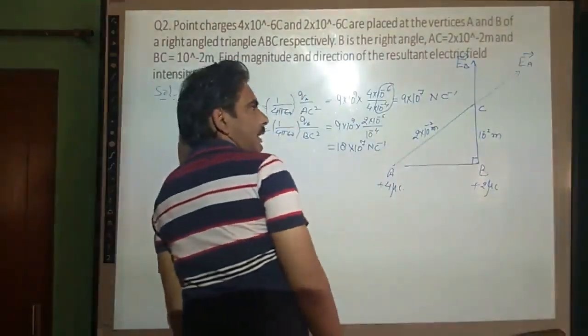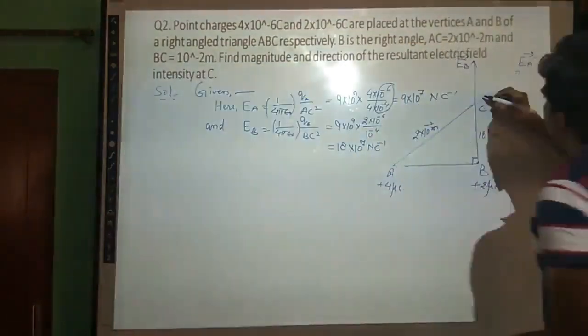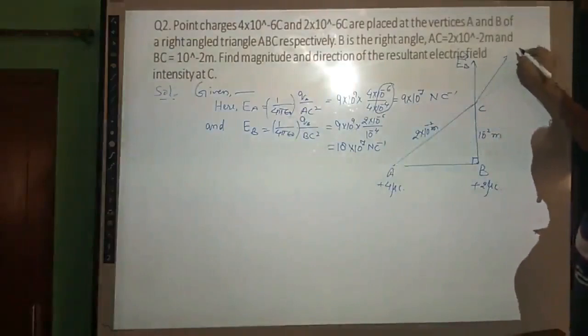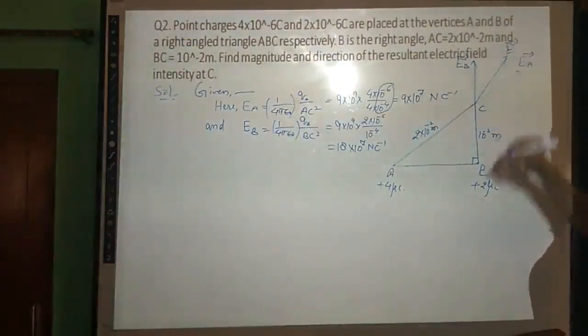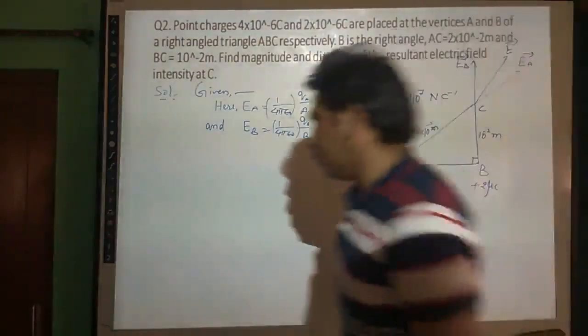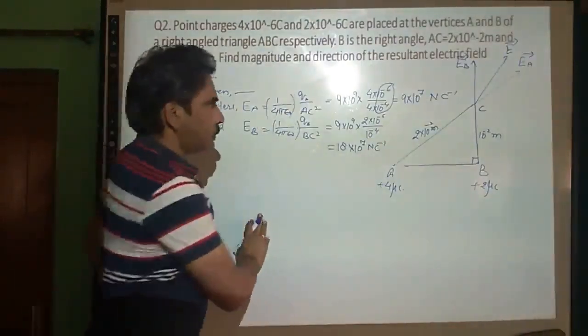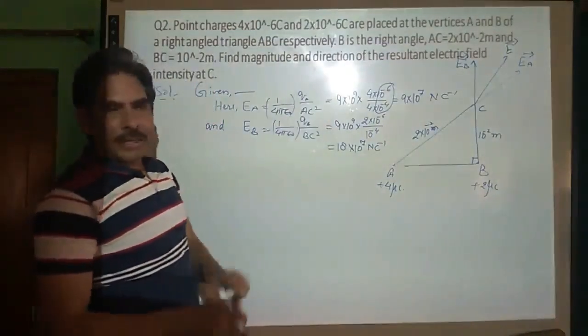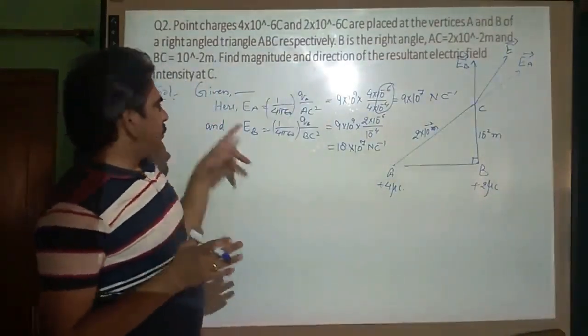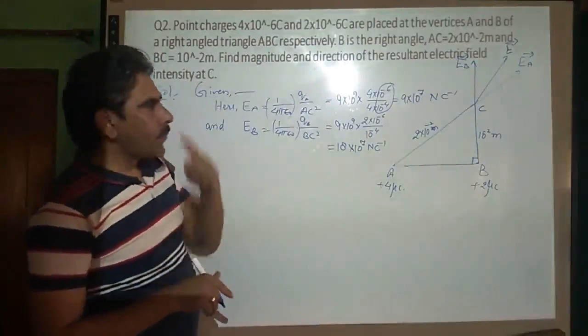So the net electric field, it will be somewhere in this direction, let it be E. We have to find out the resultant electric field. So this resultant electric field is the resultant of these two electric fields.